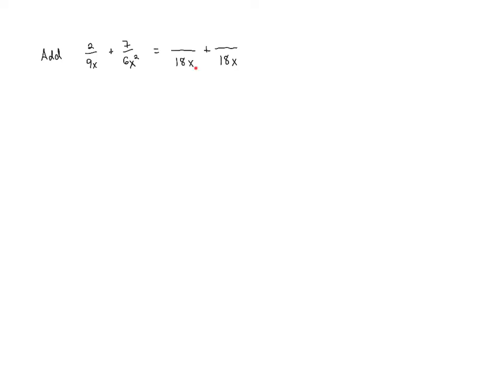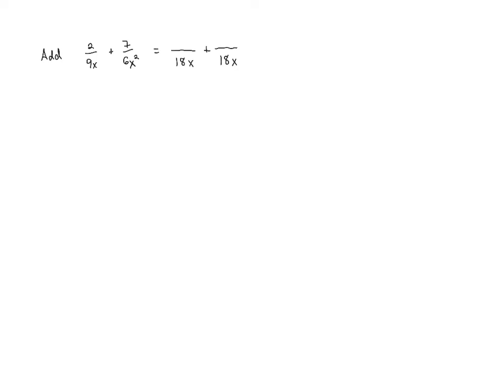Now remember, once we find an LCD, we need to figure out what the denominator was multiplied by and make sure that the numerator gets multiplied by the same thing. Now, if our LCD was 18x, to get from 9x to 18x, we need to multiply by 2. 9x times 2 gives us 18x.